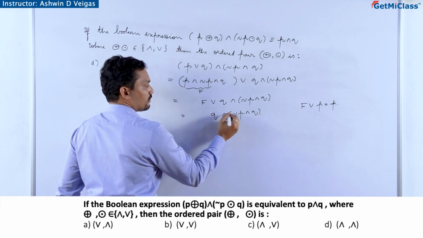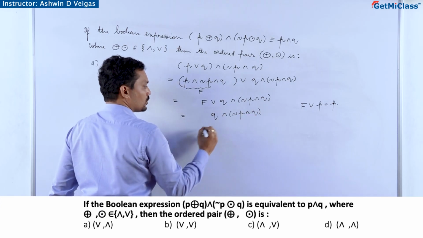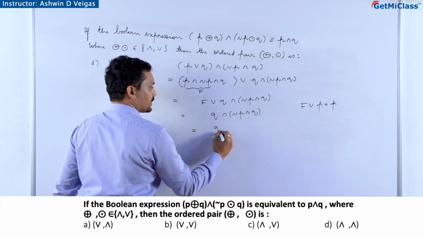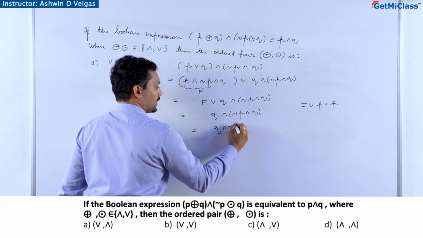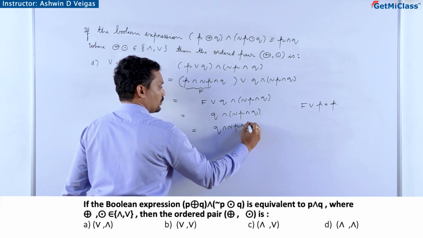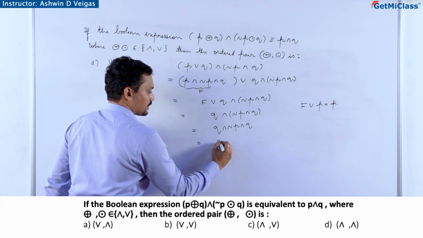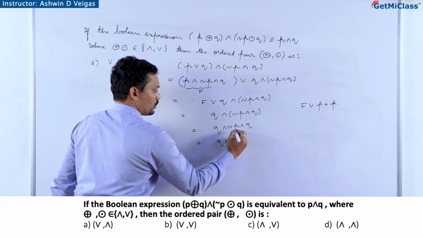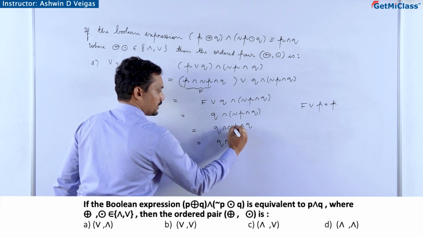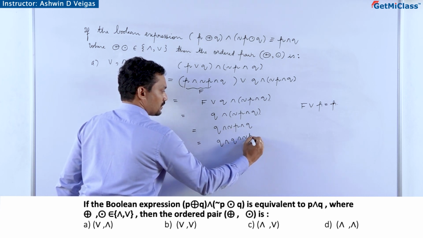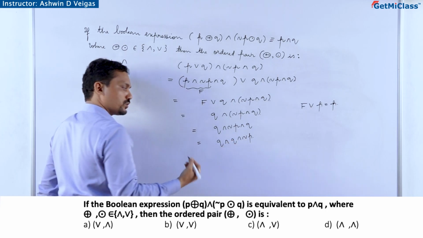Now, since again everything is and, you can remove the bracket. So this is nothing but Q and negation of P and Q. Now, if you interchange this, it can be written as Q and negation of P and Q. Now, Q and Q is Q itself.